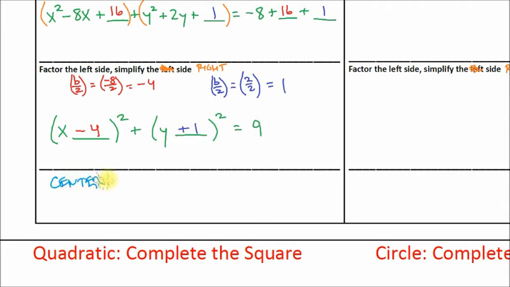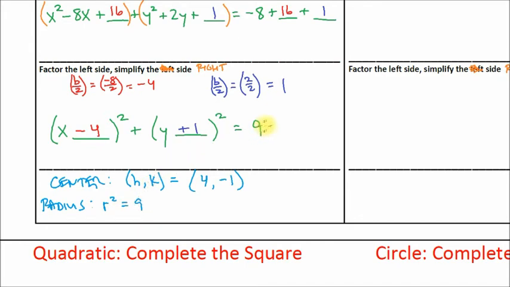And if we want to, just for fun, just to remind ourselves, based on this form, now we know the center of the circle is at h comma k. The h value here is 4, the k value is negative 1, so 4 comma negative 1. And then to find the radius, we know that r squared is equal to 9.